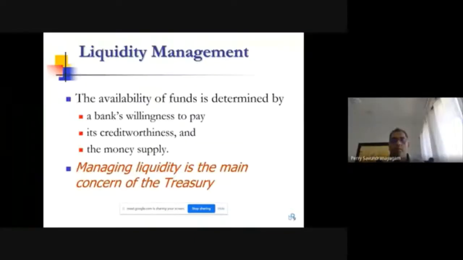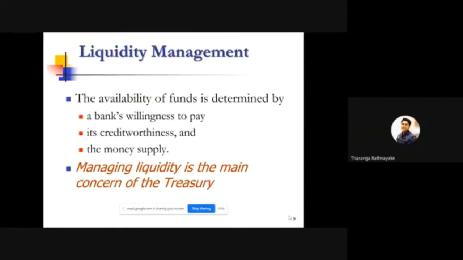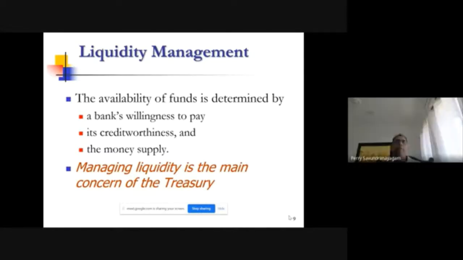Okay, and why would a bank maintain a gap? To minimize liquidity issues. Minimize liquidity issues. Okay, any other answers? Anybody else?